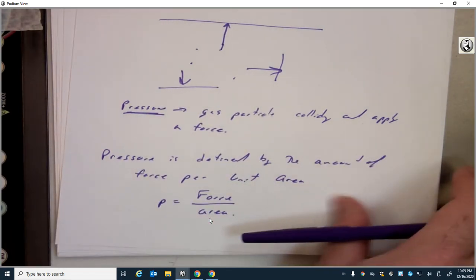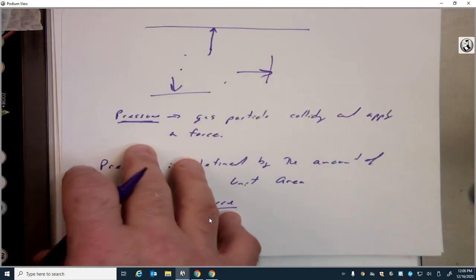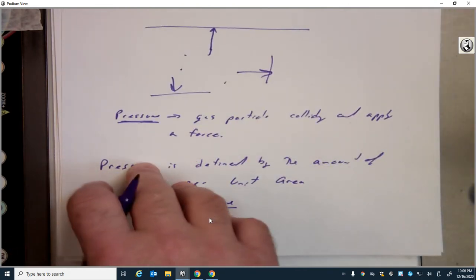Well, where do we see this the most? Well, we see it in atmospheric pressure all the time.